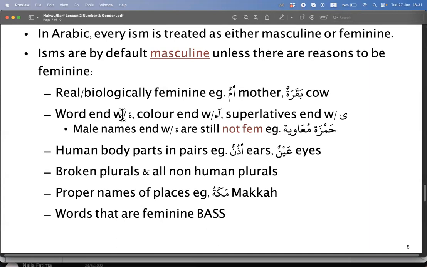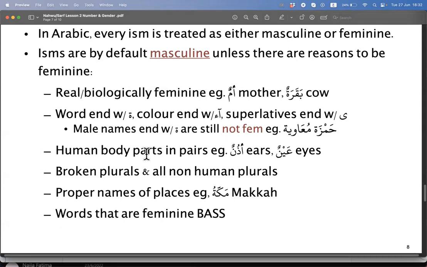That is a tamarbuta, but obviously angels are not feminine. The word is treated as singular feminine, grammatically. So not all words with tamarbuta, alif hamza or alif maksura endings are going to be feminine. We'll talk about this later on.